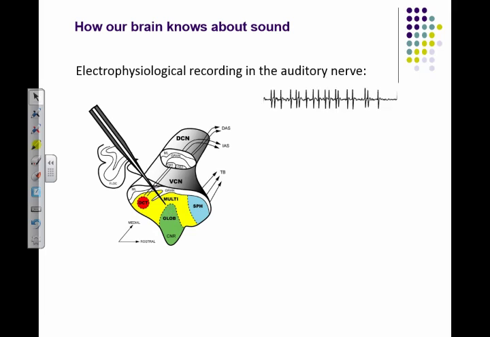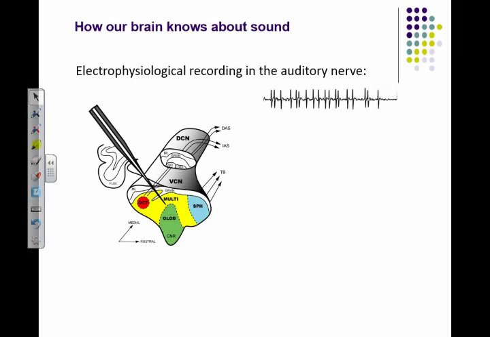The recording, if you're successful in doing that, I've spent a few years of my time doing exactly that, is something like that over time. The time scale here is about 50 milliseconds, and you measure voltage changes, and what you see here are action potentials of that nerve fiber. Usually we connect that to a loudspeaker and you know you've hit a neuron if you hear that this neuron is responding.